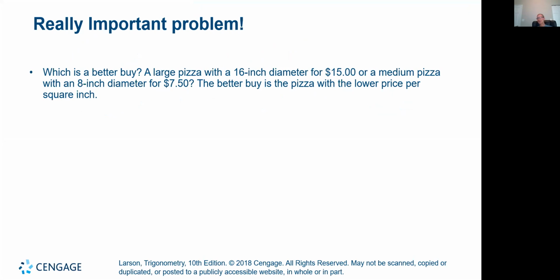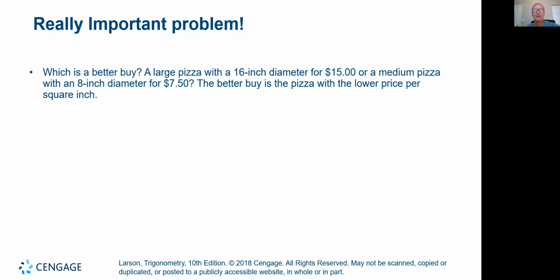So here I have a scenario of these two pizzas where the large pizza, 16-inch, is $15, or there's an 8-inch diameter pizza where you can get 2 of them for $7.50. So which one is the better buy? And by my definition, the best buy pizza is the most pizza you could eat for the least amount of money. And so how do we do this calculation?